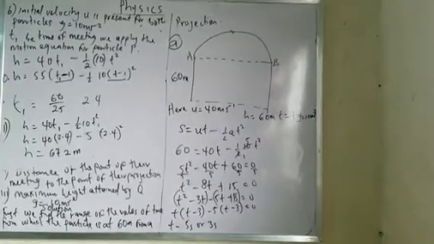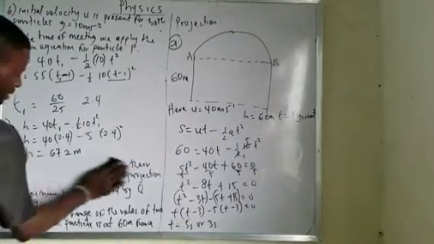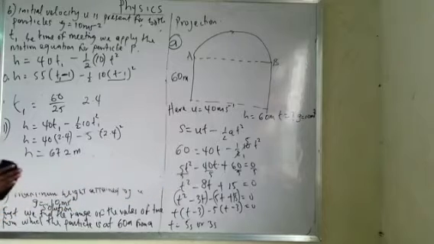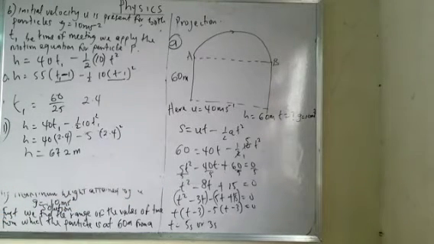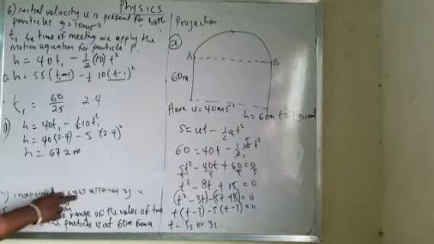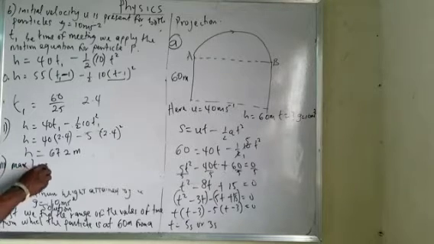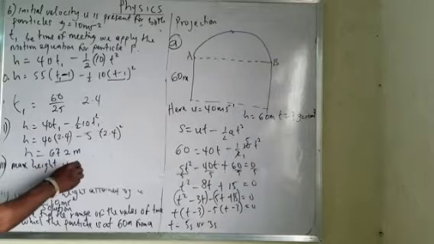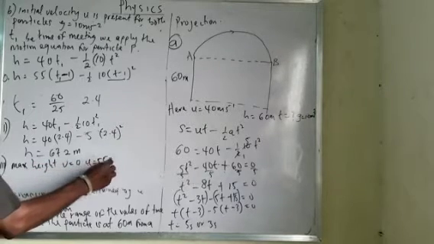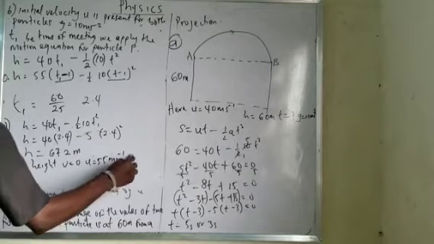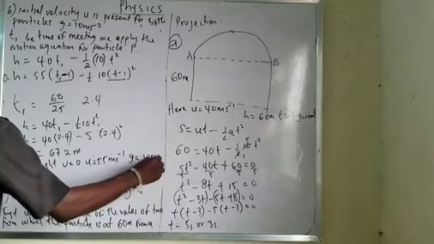By so doing, I'll now move on to the last one, which is the third one: the maximum height attained by the ball. For the maximum height, V equals 0, U equals 55 meters per second, and G, we all know, is equal to 10.